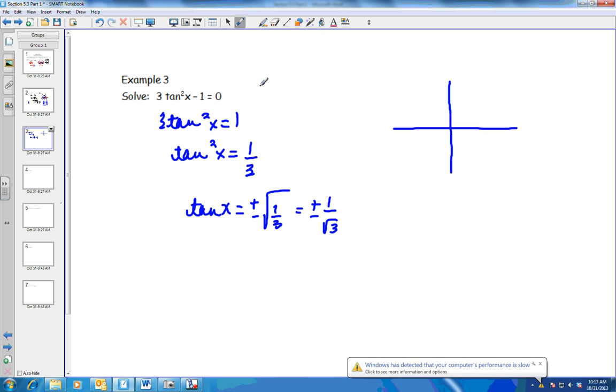Okay, same thing with tangent, but the period for tangent is not 2 pi, the period for tangent is pi. That means if I just find my answers from 0 to pi, then they're going to repeat themselves. Okay?